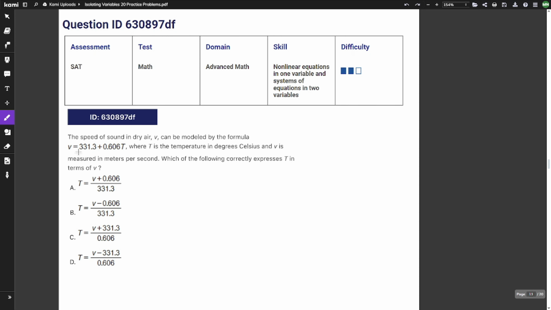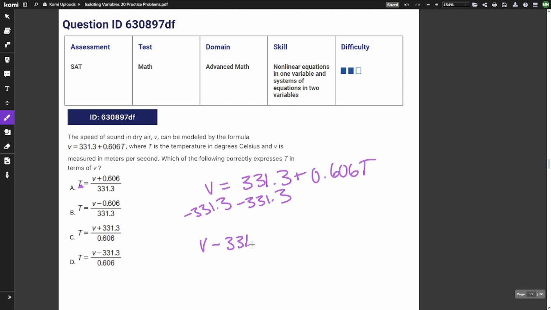Question number 11. We have this equation and we want to get t by itself. So v is equal to 331.3 plus 0.606t. First things first, I'm going to subtract this 331.3 from both sides. So we get that v minus 331.3 is equal to 0.606t.